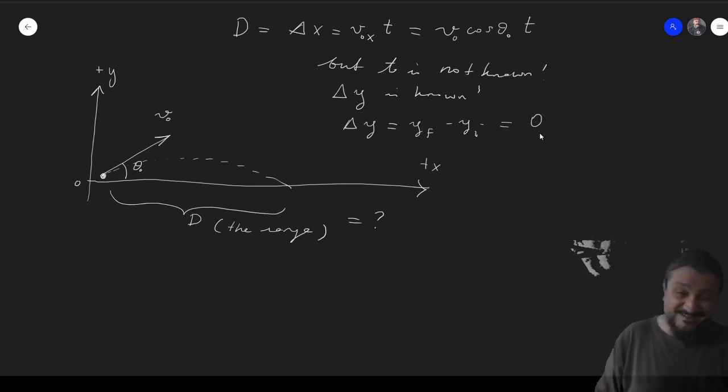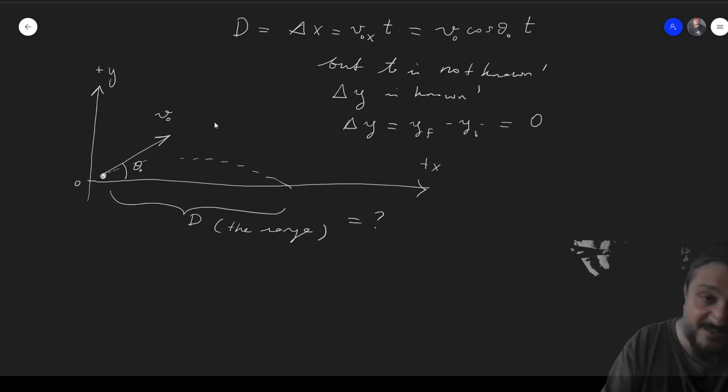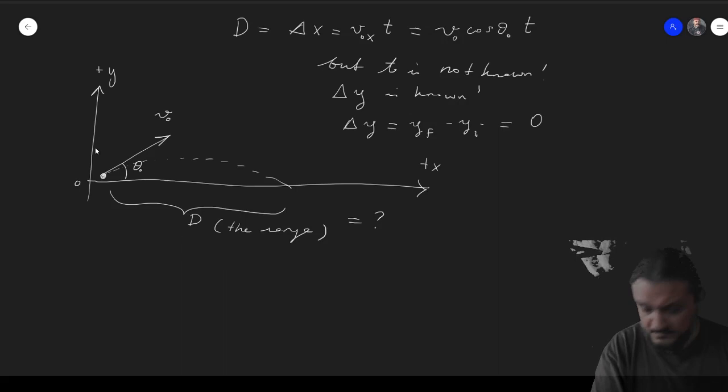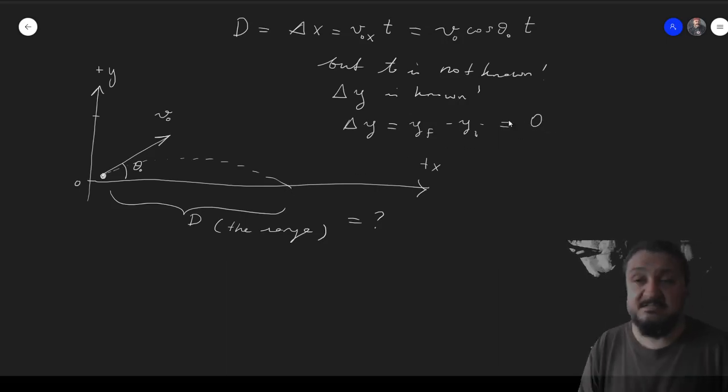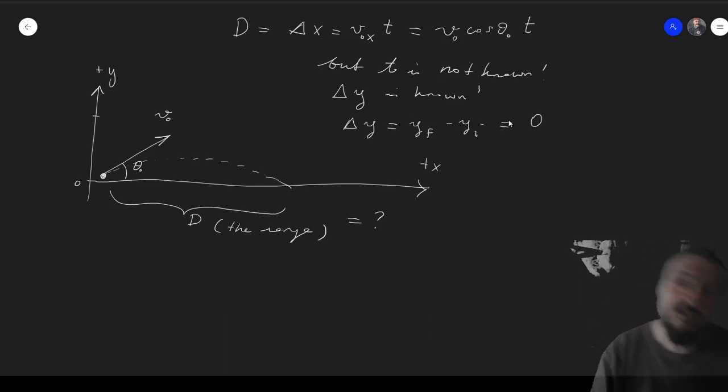Even if I don't take the origin right there, suppose you're kicking the ball but you pick the origin somewhere else, then you have a negative initial y, but the same y is your final y, so the difference is still going to be 0. So delta y is 0, and we're going to use that to solve for t in the delta y formula and plug that t in the first formula for d. So here's what we're going to do.